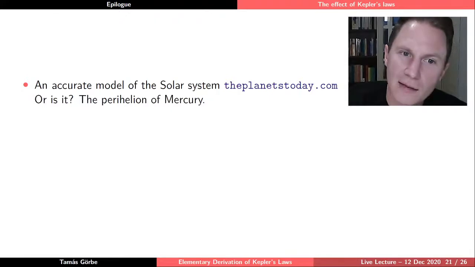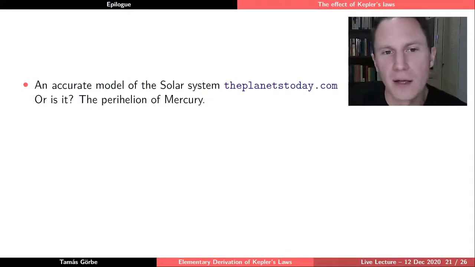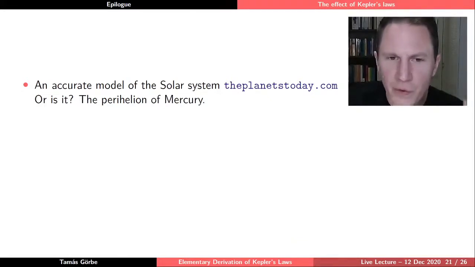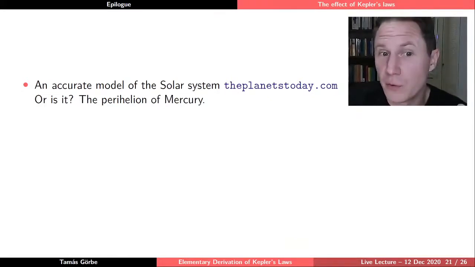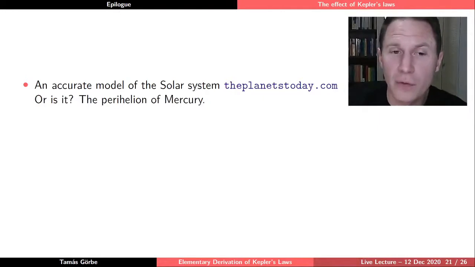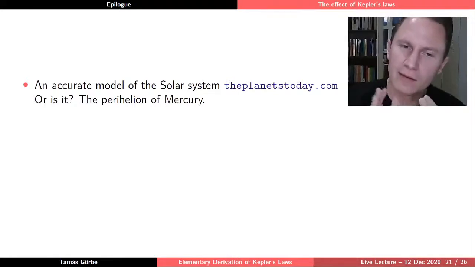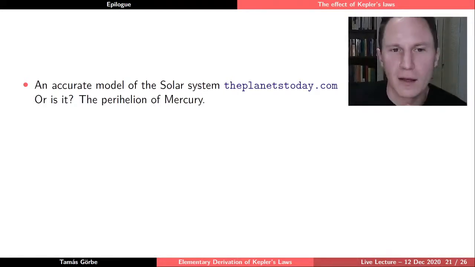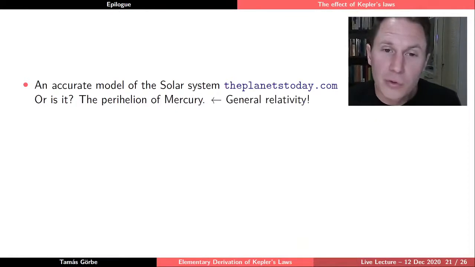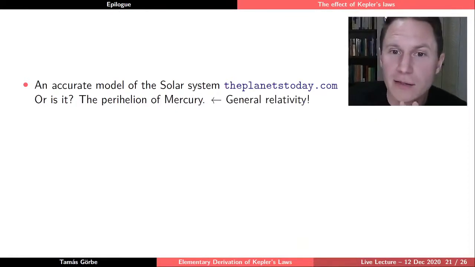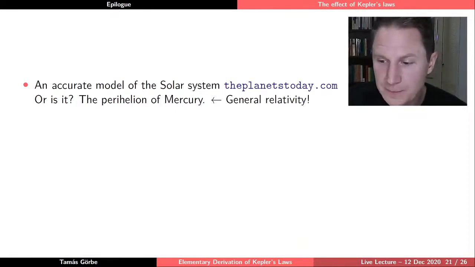And there was a slight deviation in this perihelion motion of Mercury. Newtonian gravity couldn't account for something like 38 arc seconds in that motion. So the way this ellipse was turning was not described accurately by Newtonian gravity, and that was only put right by Einstein's general relativity.